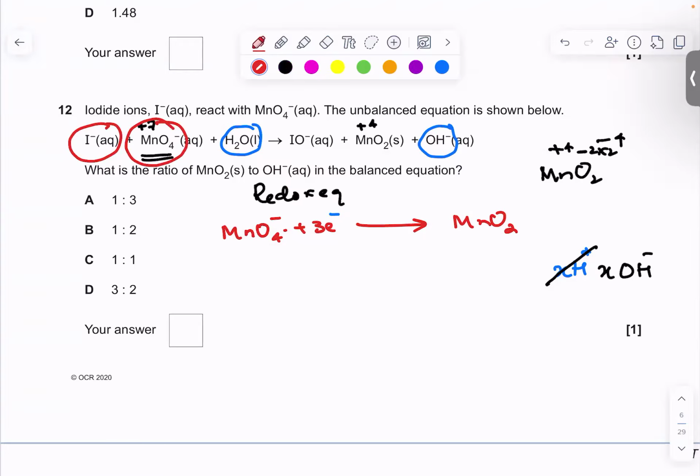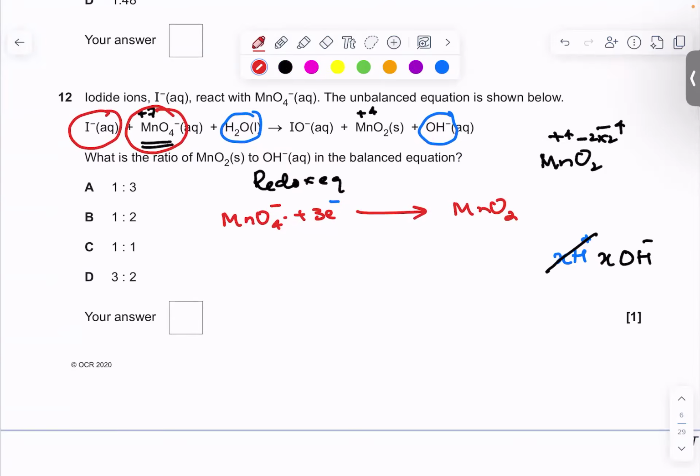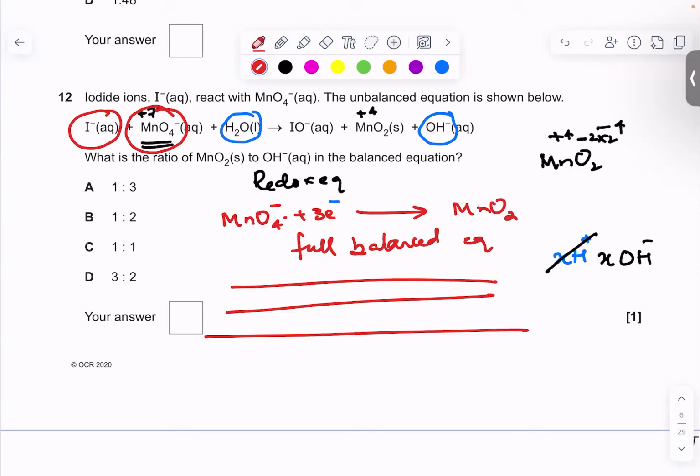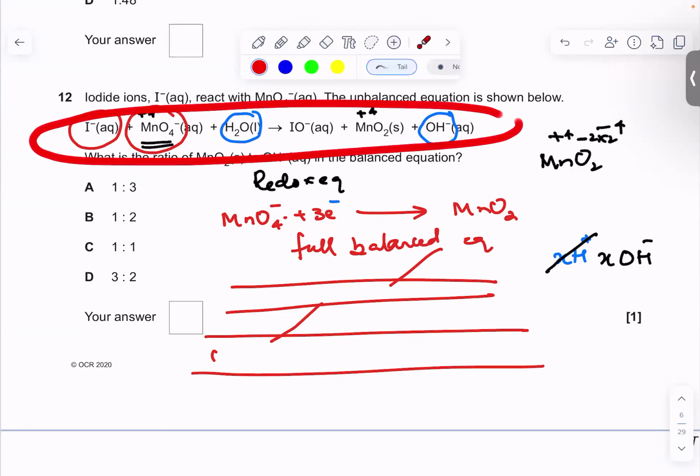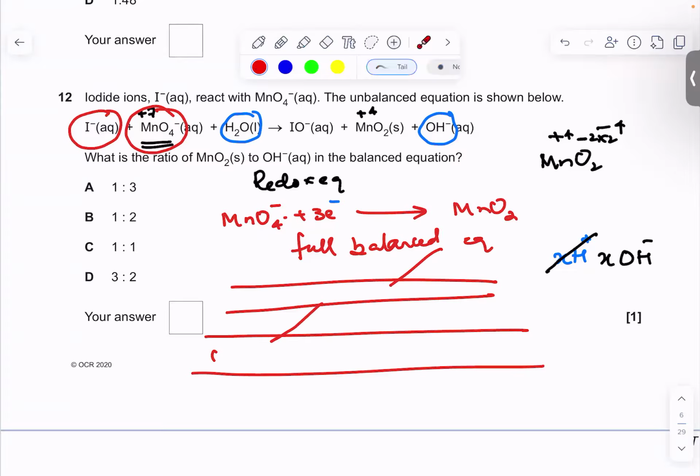If you remember, I told you about the full balanced equation: first you do everything with one equation, then you write another equation underneath it, then you cancel the electrons, and then you write the full equation. So this is actually the full equation. Are you getting my point? Yeah. So you need to do it in this way.